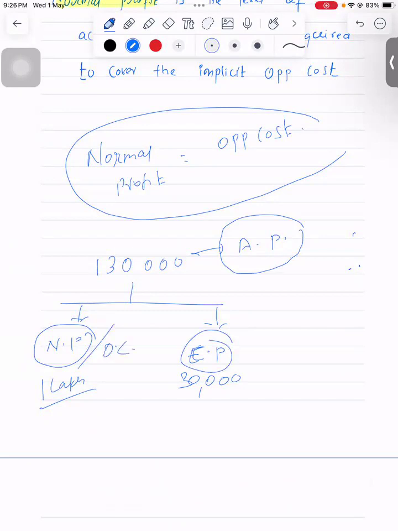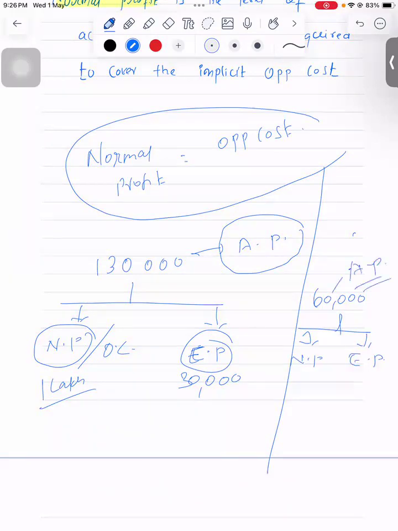Let's say you made 60,000 in the first month of business. So now tell me, what is your normal profit? What is your economic profit? Okay, 60,000 is your accounting profit. Do the calculations.